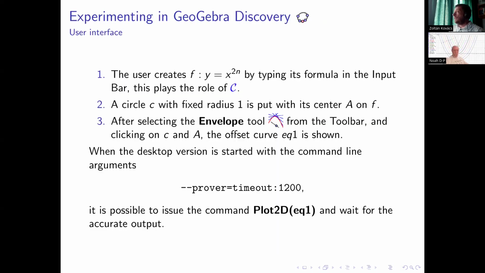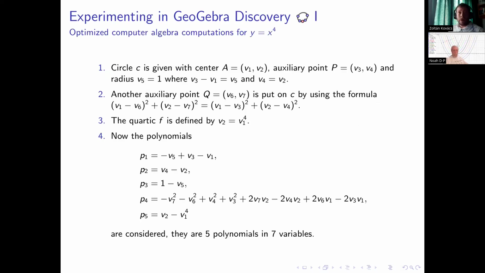Well, for those who want to try it on their own, it's quite simple to create this. It is very fast. Also in the web version of GeoGebra, you can do that. And if you are interested in the details of how it was computed, we used the third definition for the implicit offset curve.